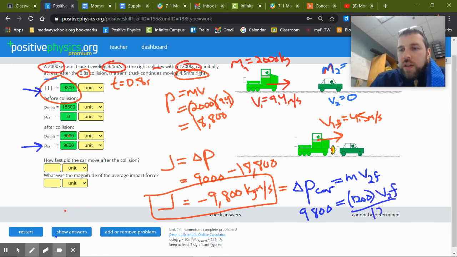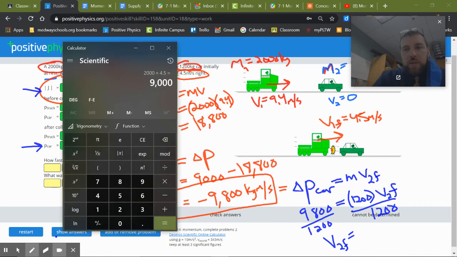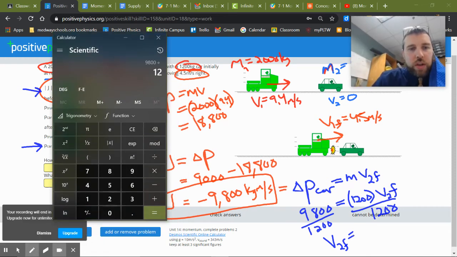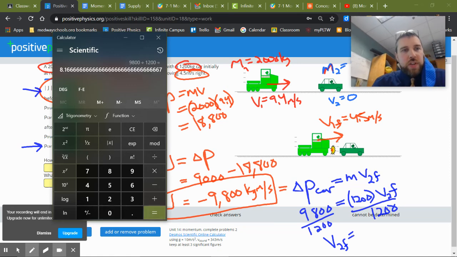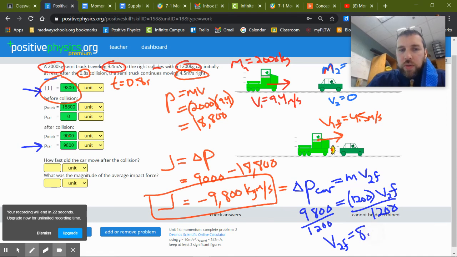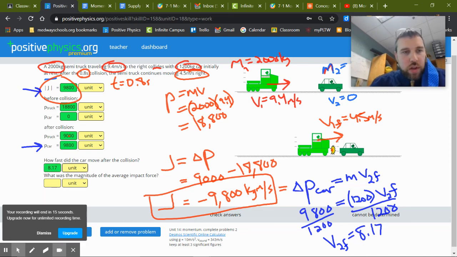Divide by 1,200 on both sides, and I get V2F equal to 9,800 divided by 1,200, which is 8.17. So 8.17 meters per second. Huzzah.